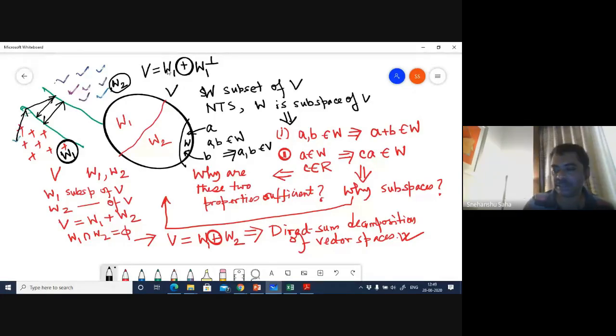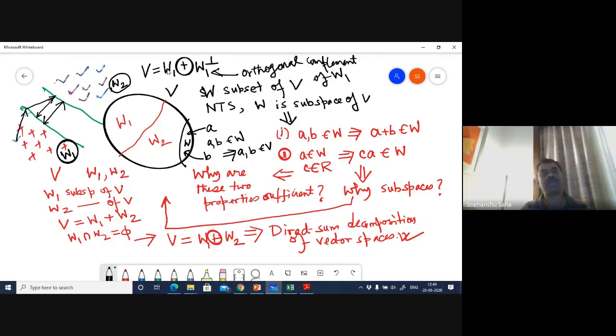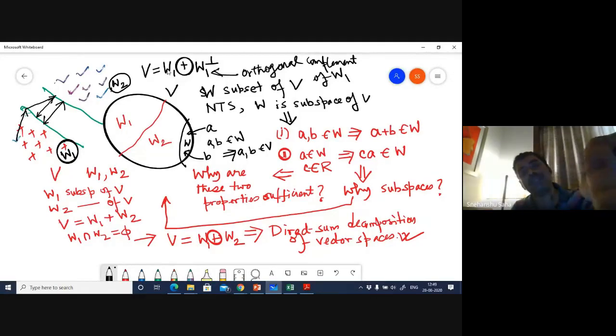This W1 star, whatever notation you call it, is nothing but an orthogonal complement of W1, in such a way that there is no intersection between W1 and its orthogonal complement. Each one of them, W1 and W1 complement, are vector spaces in their own right, and they are subspaces of V.